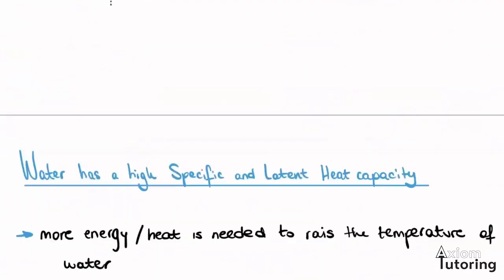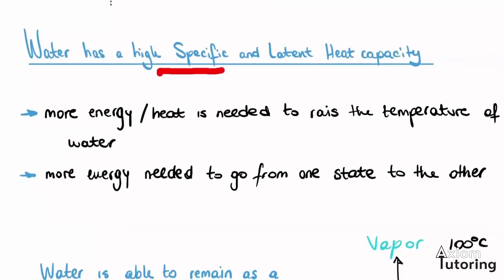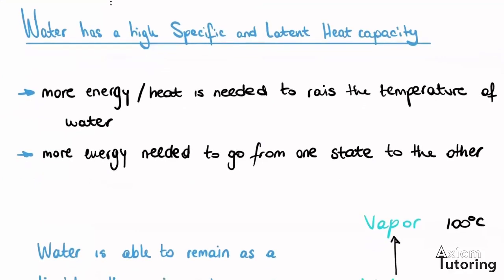So, water has both a high specific and latent heat capacity, which means it requires more energy and more heat to raise the temperature of water, and more energy is needed to go from one state to the other.